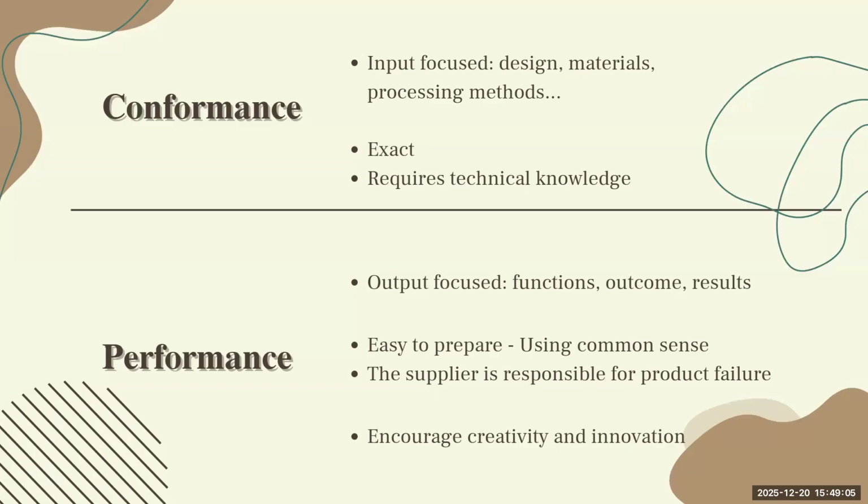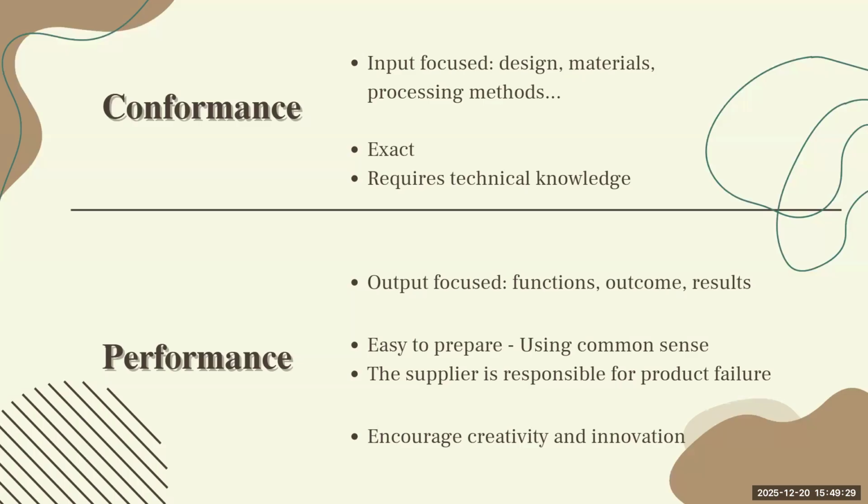We may also use a standard and other models for conformance spec. However, conformance spec is pretty hard to produce and it requires technical knowledge. And potentially, in the organization, we may need to have advice from the technical department.